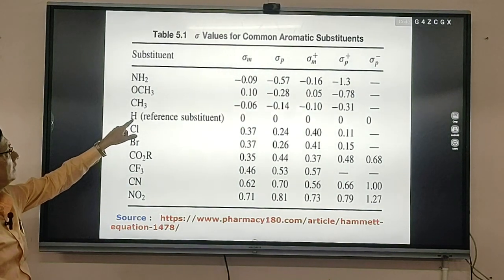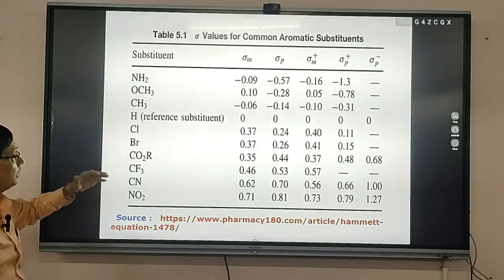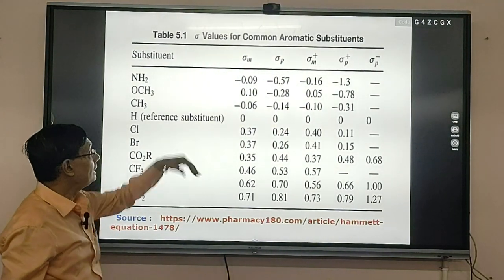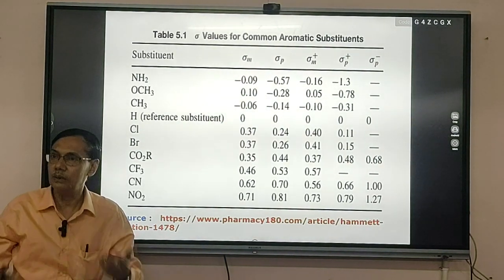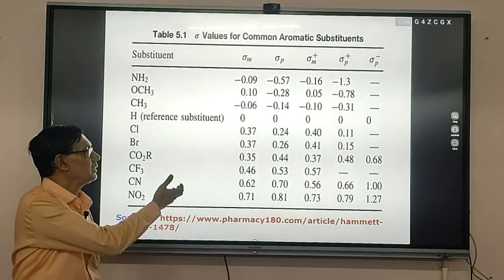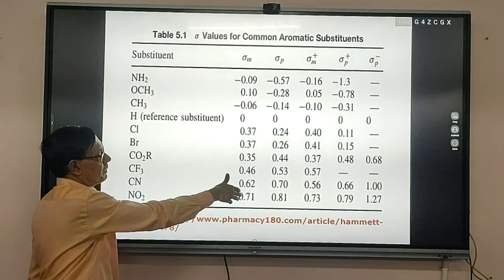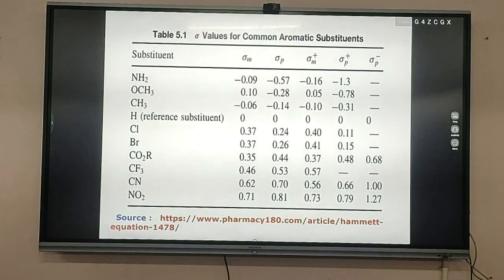And this hydrogen, benzoic acid, is the reference, it is 0 value. Now you see why it is plus and why it is negative, and how Hammett calculated this substituent value. Why it is plus and why it is negative, I will come to that point.